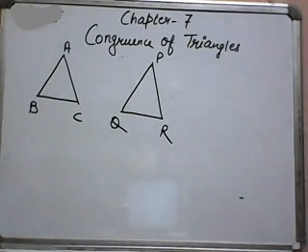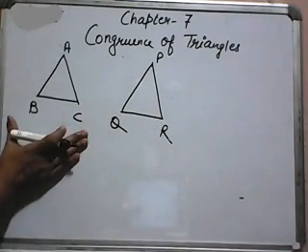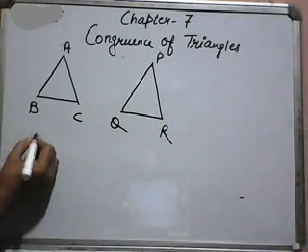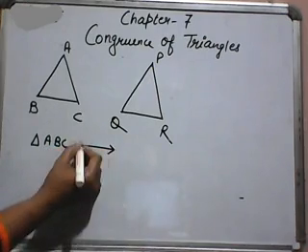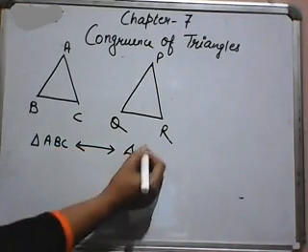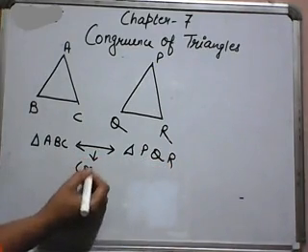Two triangles are said to be congruent if they are exact copies of each other. If we place one triangle over the other, it exactly covers this triangle. Now, triangle ABC corresponds to triangle PQR. It is the symbol of correspondence.